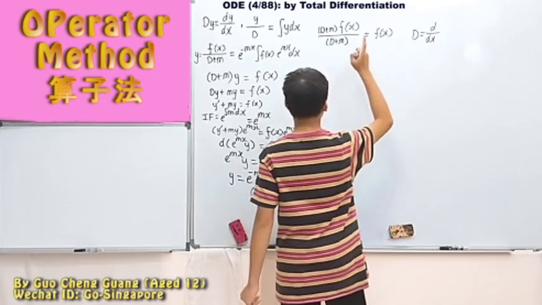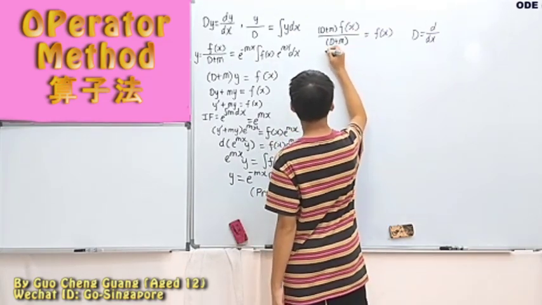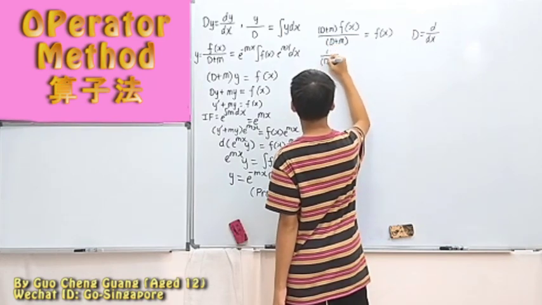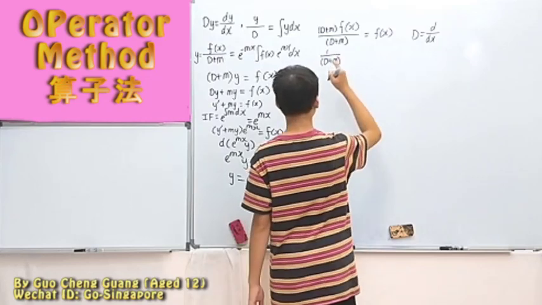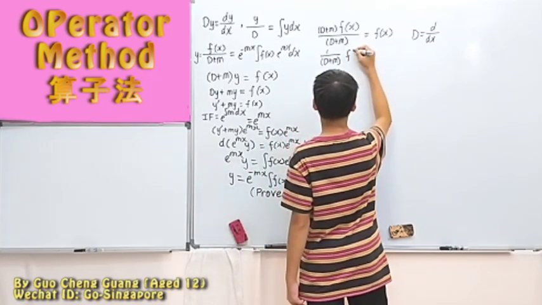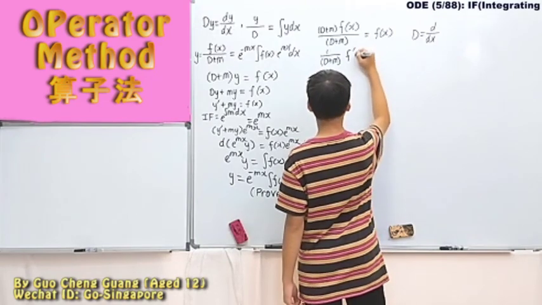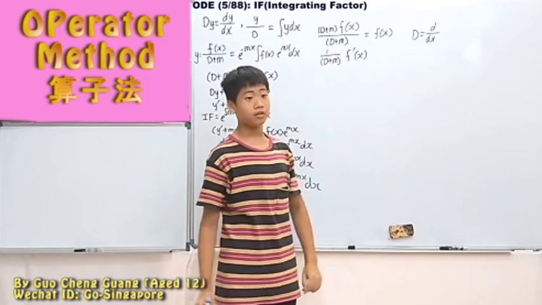Okay, so let's just take it as we differentiate it first. So if we differentiate it first, then we'll have 1 over d plus m. So when you differentiated it, you get f prime x. So this is if you differentiate it first.